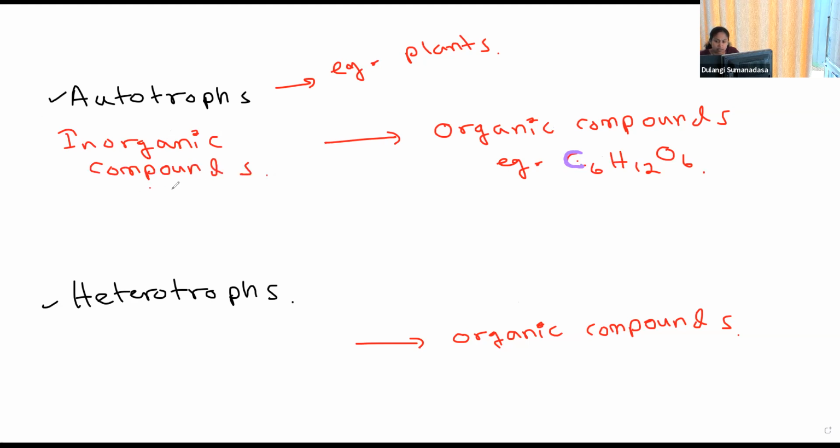Can you highlight the carbon? So this is the carbon dioxide giving the carbon for the glucose. But glucose is an organic compound. So the autotrophs like plants are using the basic ingredients, the inorganic compounds, to make their organic compounds.